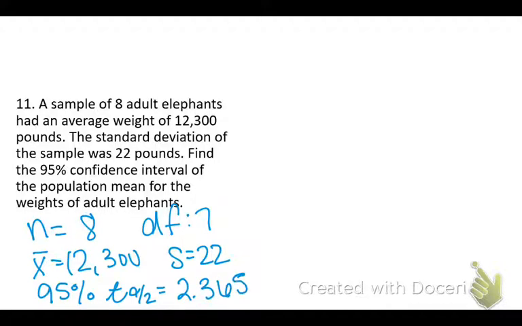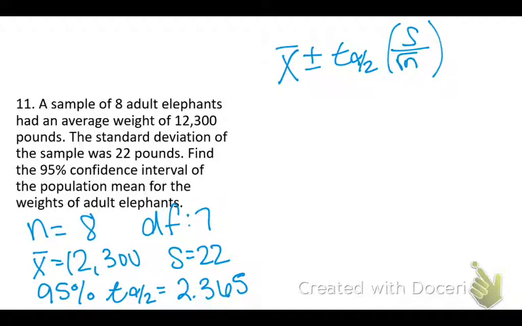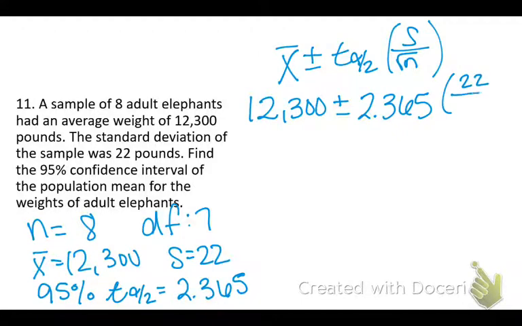And now that I have all the pieces that I need, I can plug it into my formula. Again, the formula is the mean plus or minus t sub alpha over 2 times s over the square root of n. Plug in all of my pieces and calculate it.